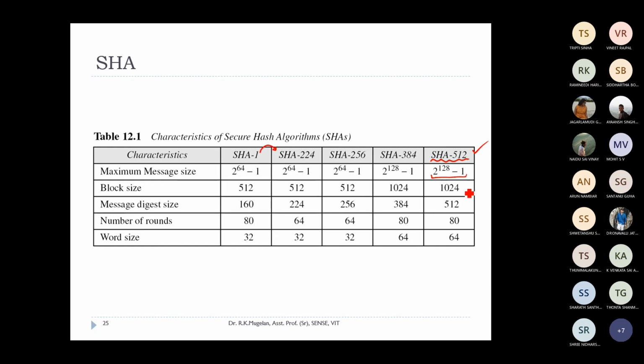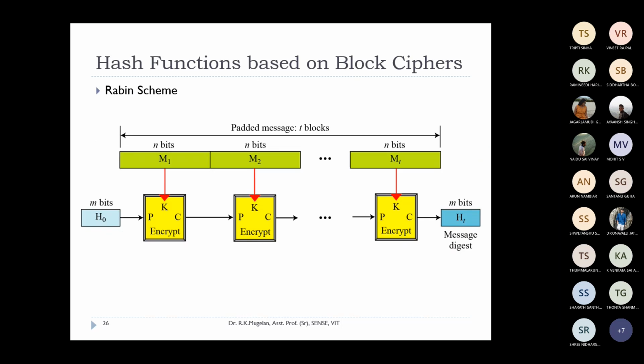And here they increased the block size also to 512, as well as the hash value pushed to 512 bits. Right, and number of rounds is 80, and word size, so each word is made up of 64 bits. Total size of words in terms of bits. I hope you remember words, bits to byte, byte to words, everything. The same thing is utilized here.